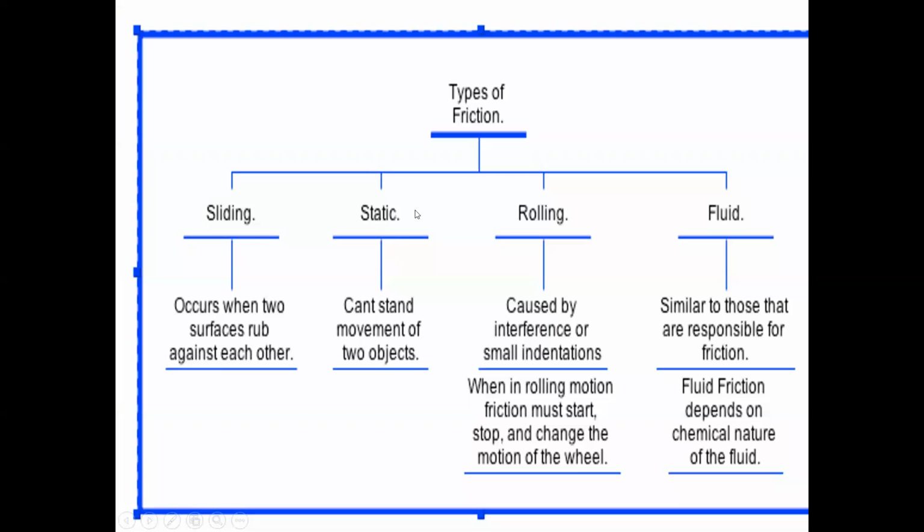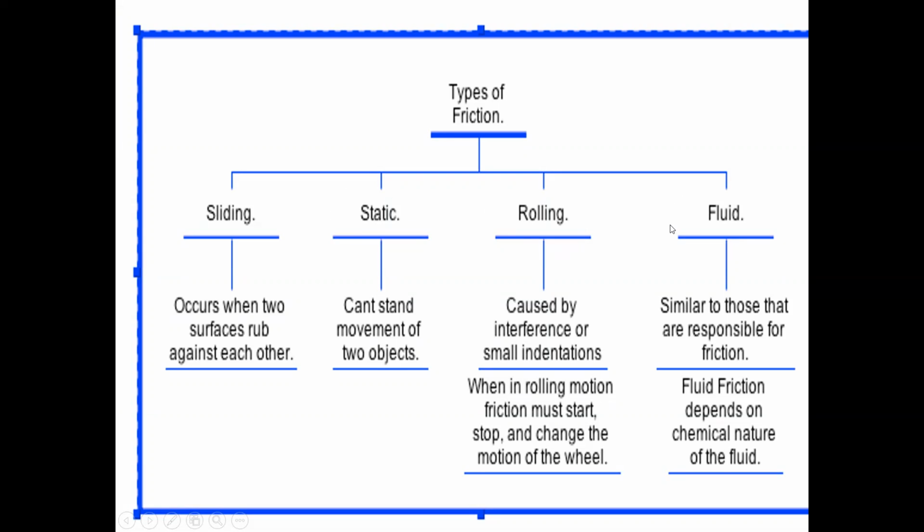On the other hand, in static friction, there will be no move, but there may be a tendency to move. Move will not occur. And rolling friction: if there is a roller or wheels sort of thing, in that case, rolling friction occurs. And fluid friction, which is used in case of mechanical equipment.